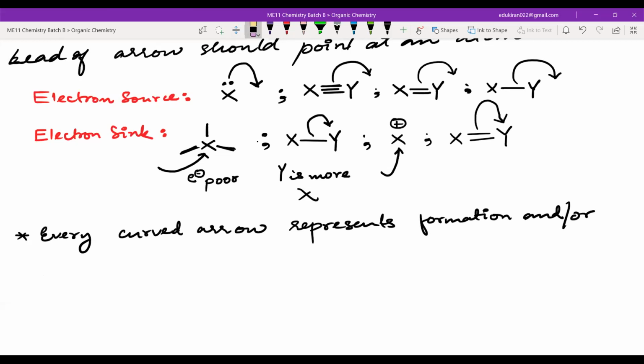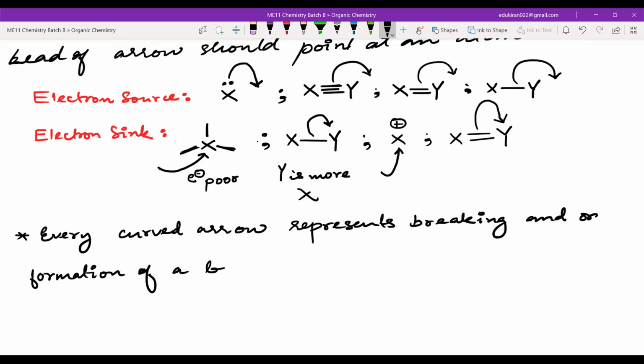I should rather say in the opposite direction, that it represents breaking and/or formation of a bond. Breaking will always be there whenever you have some electrons flowing from somewhere, and/or formation of a bond.